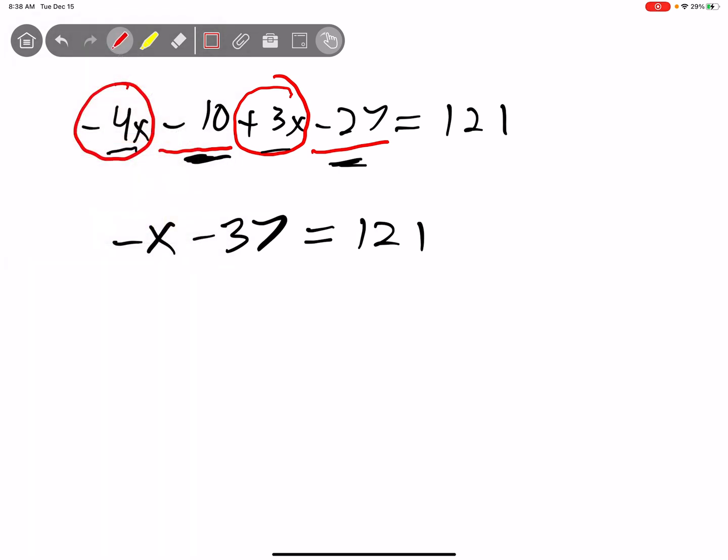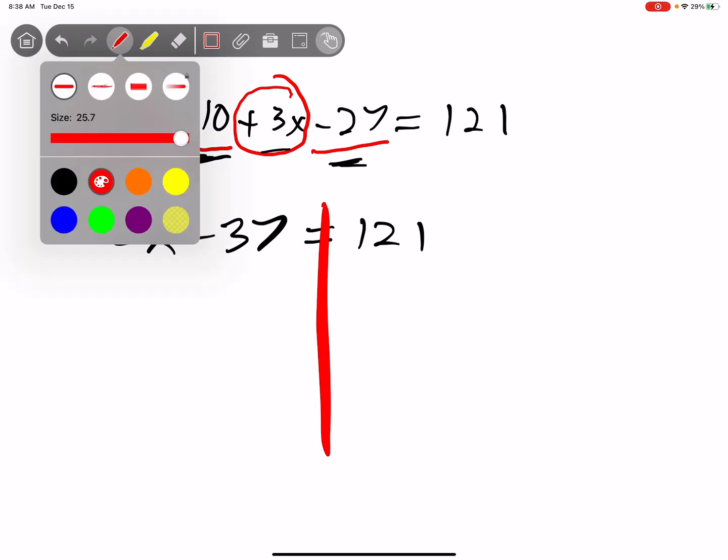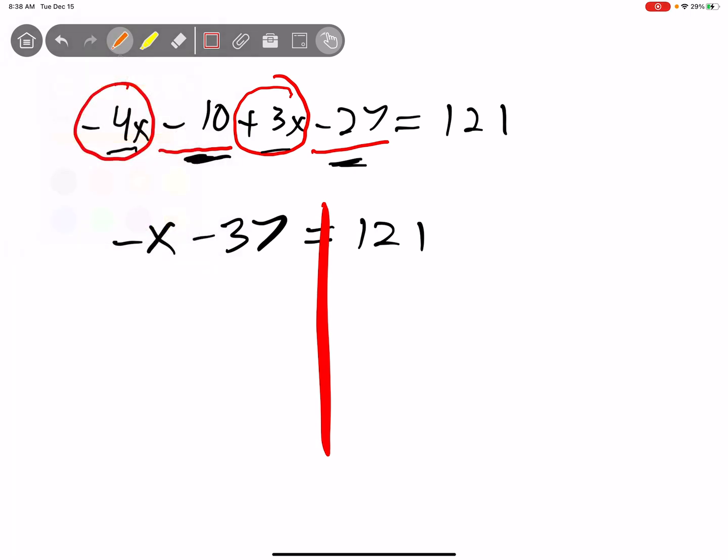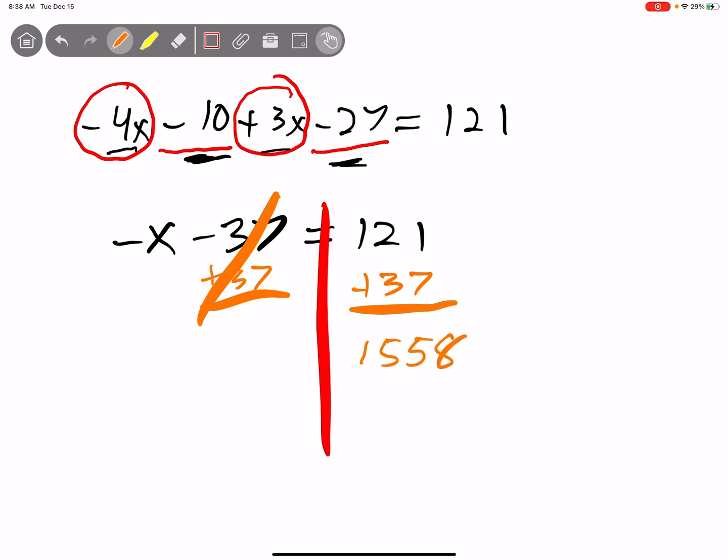Now I can solve this. So where do I go from here? I'm going to add 37, add 37. These cancel out. This gives me 158. Oops, that's a lot of 5s.